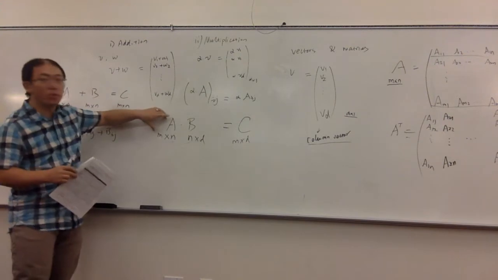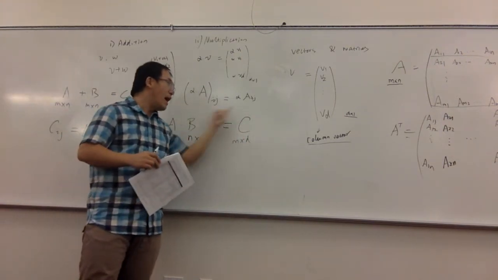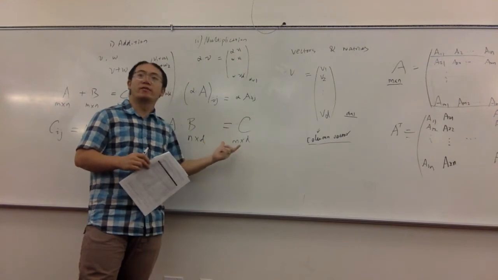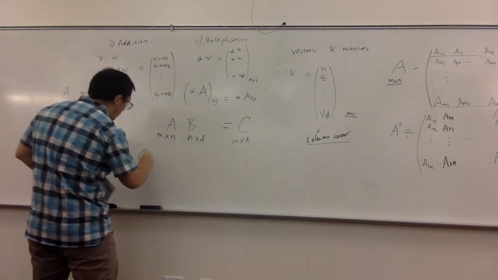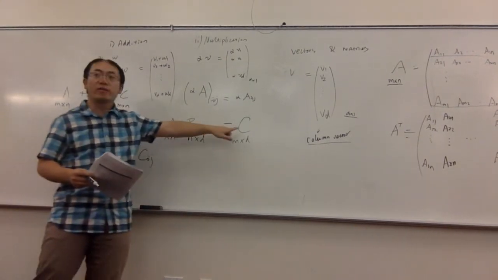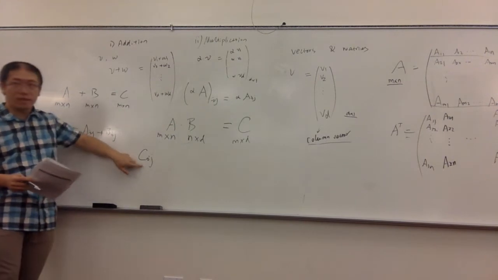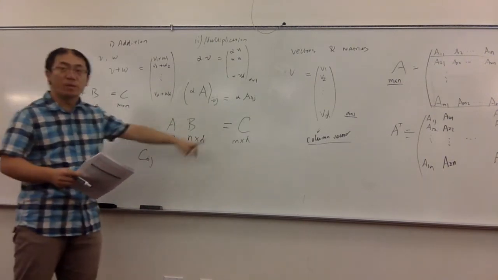Now let us review how we can compute this multiplication, namely, how we can compute each element in this product. How can we compute a specific element, Cij, in the matrix C, namely the element at the ith row and jth column?